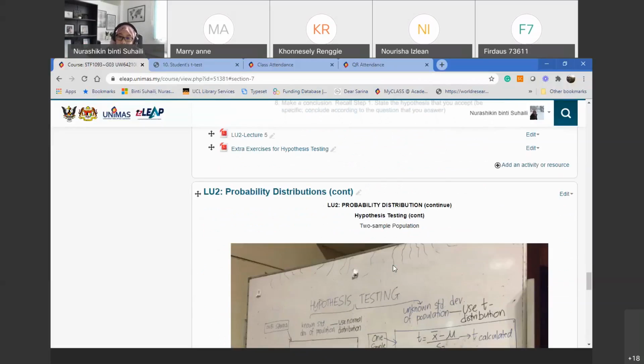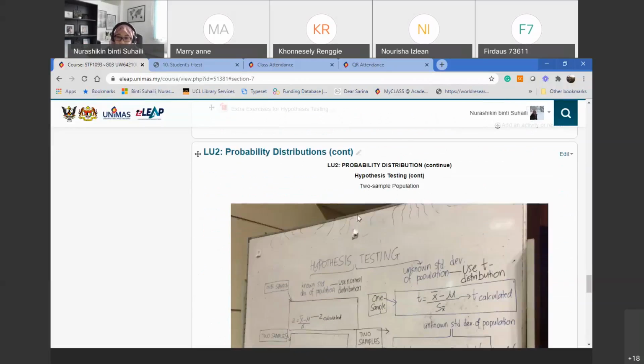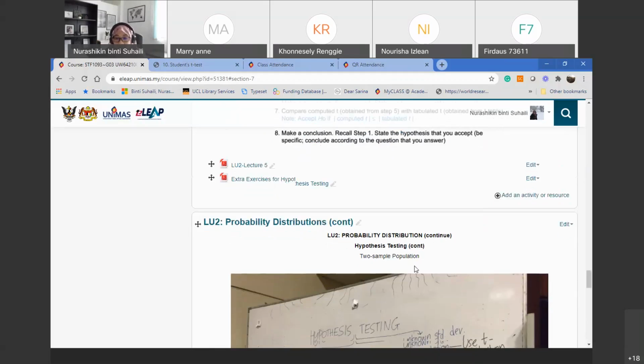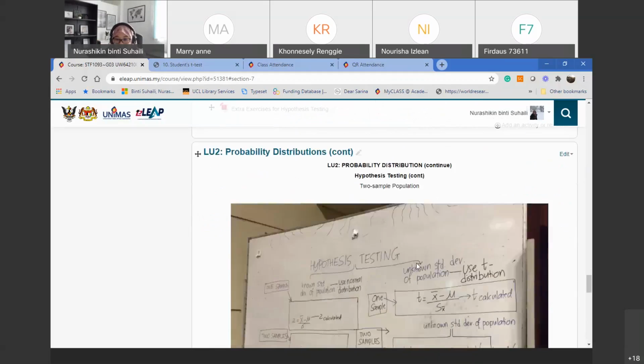But in today's lecture, we are going to see 2 sample populations. Last week we saw only 1 sample population, meaning we make a conclusion based on 1 sample. But in this topic, 2 sample populations.